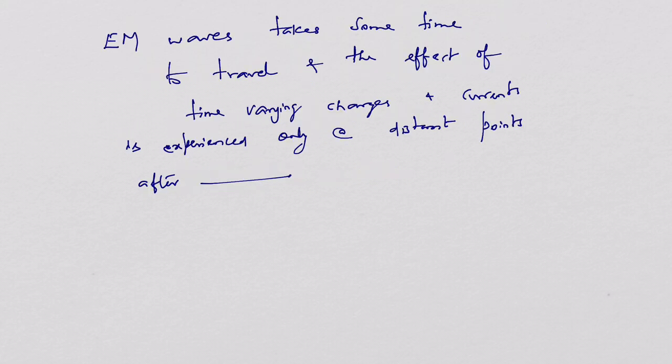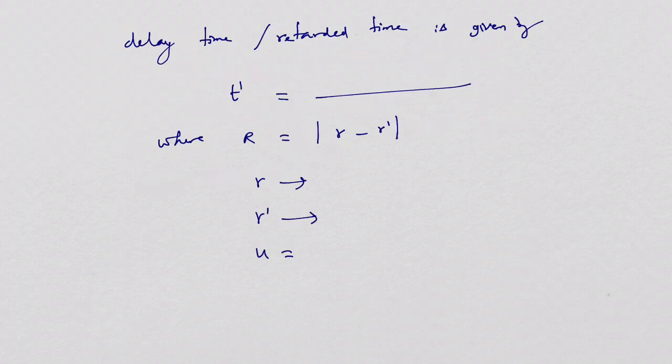EM wave takes some time to travel, and the effect of time varying charges and currents is experienced only at distant points, after some delay. So the retardation is given not by the original time, it is delayed by R by u. What is R?